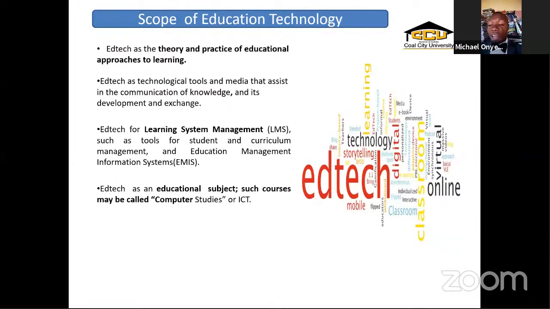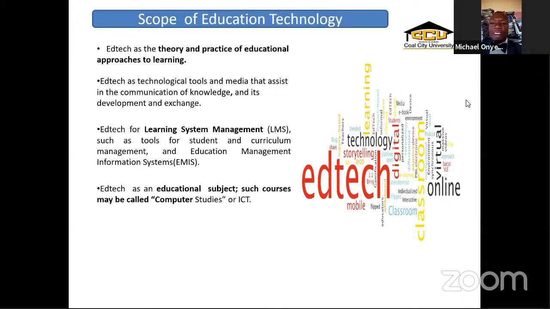It enhances learner inclusiveness, the way I talked about before. Students can get involved, students can learn. It takes learning outside the classroom. People are able to learn even on their own, in their rooms, on the way, on the go. That's what we call ubiquitous learning. People can learn from everywhere.